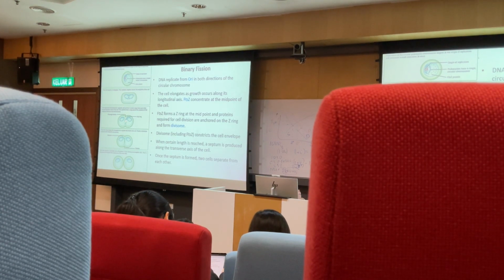Where it is aligned, a cleavage furrow is created through the invagination of the membrane. Here a so-called FtsZ ring is formed, which is very important. Without this, the cells cannot divide.